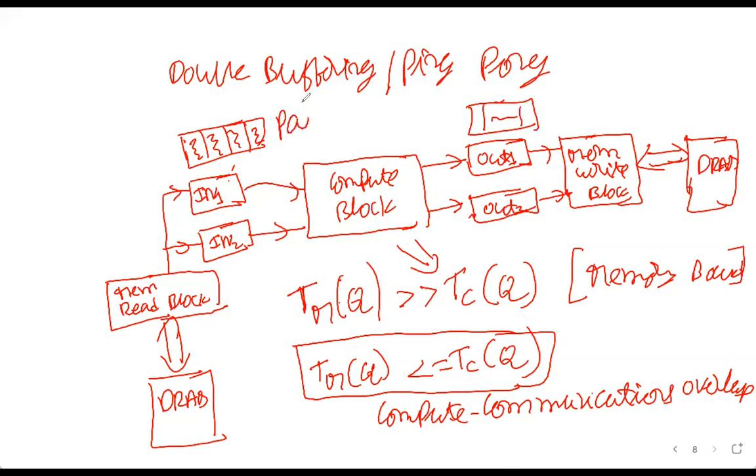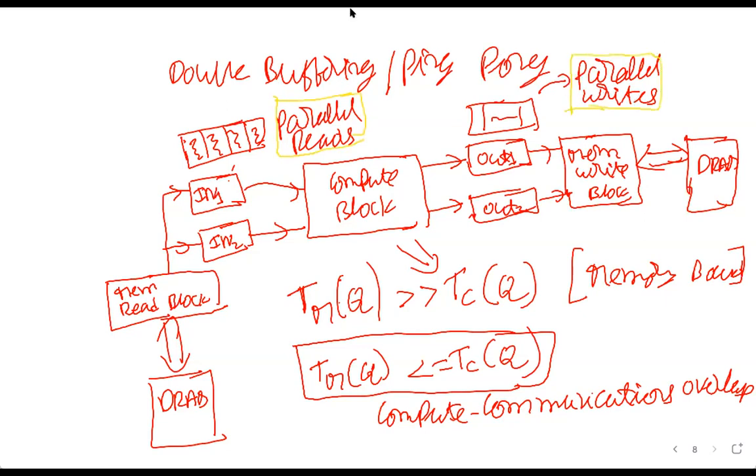It is essential to have parallel reads, so organize your memory so that you can have parallel reads, and also parallel writes. What limits the parallel reads or writes is the number of VRAM blocks available on your FPGA.